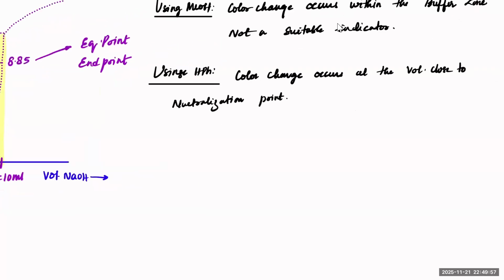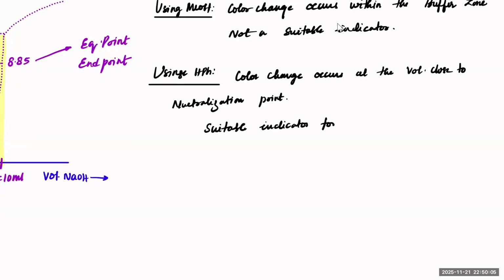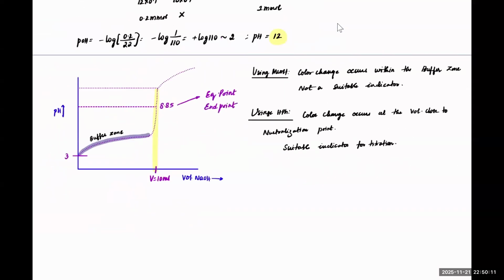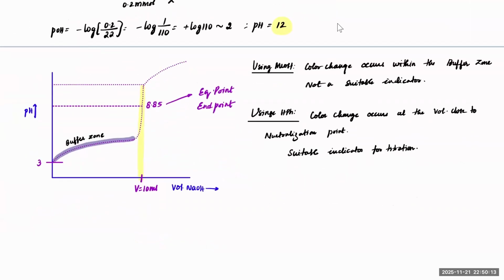Got it? Hence, it is a suitable indicator for the titration. So for this titration, this is the most suitable indicator, everybody. I hope all of you understood this logic.